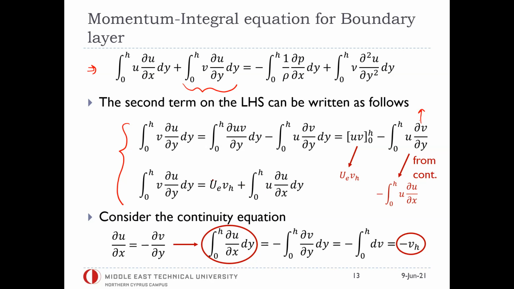And then we inserted this expression into the top equation here. Plus, we worked on this fact, which is basically making use of the continuity equation in integration. So integration from 0 to h is equal to this, and we ended up with the fact that this is equal to minus v_h, the value of the v component, or y component, of velocity at distance h.